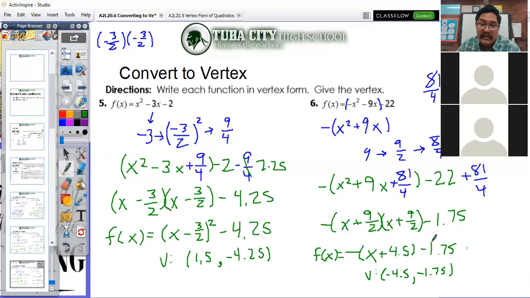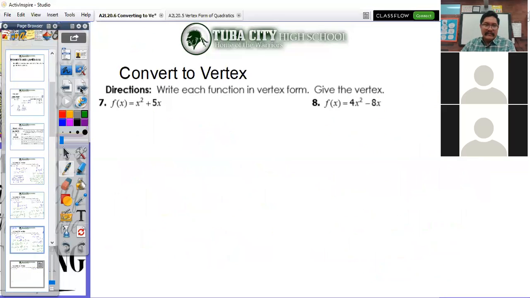But if I really wanted to, I could leave my vertex in fraction form. And there we go for that one. Okay, so again, it's getting a little bit faster now. Hopefully we're learning some of these tricks.